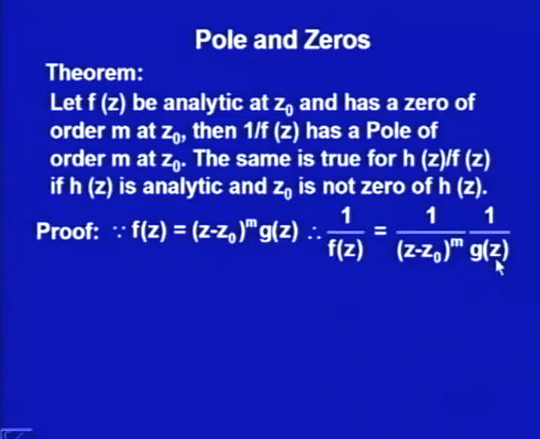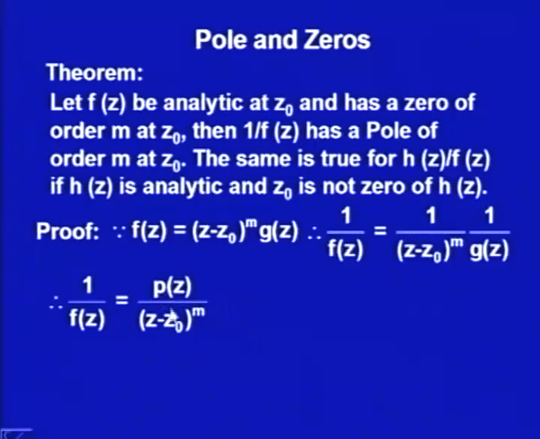Since g at z naught is not 0, 1 upon g at z naught will also not be 0. So, write 1 upon g(z) as, say, p(z). So, I could write 1 upon f(z) as p(z) upon (z minus z naught) to the power m, where p at z naught is not 0.